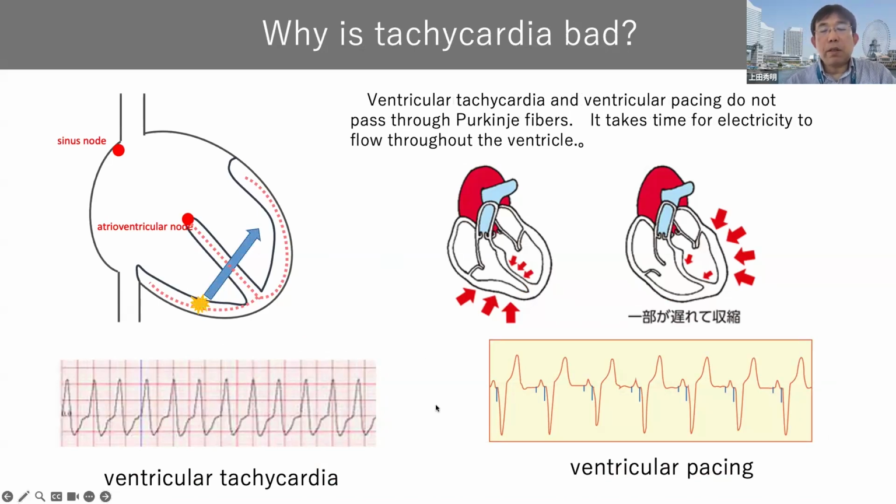So here's the ventricular tachycardia, and here's the ventricular pacing. If we are able to pace, we could make those contractions happen at the same time, and that's a very good way to treat them. Whenever we think about ventricular pacing, in some patients we could think about pacing from the atrium, which should be better.